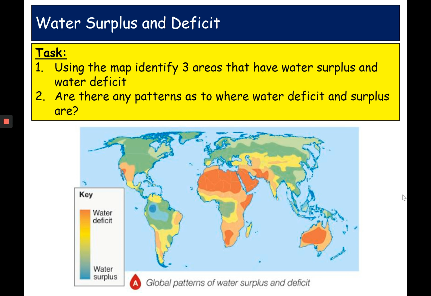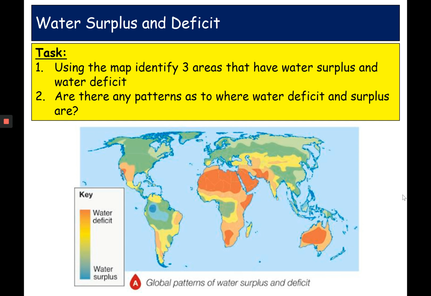So once you've identified 3 areas where there's a water surplus with a blue or a green, you'll then need to identify 3 areas that have a water deficit. So opposite end of the scale, again, look at the colours on the key, then look at your map, look where those colours are, and try and identify 3 areas.